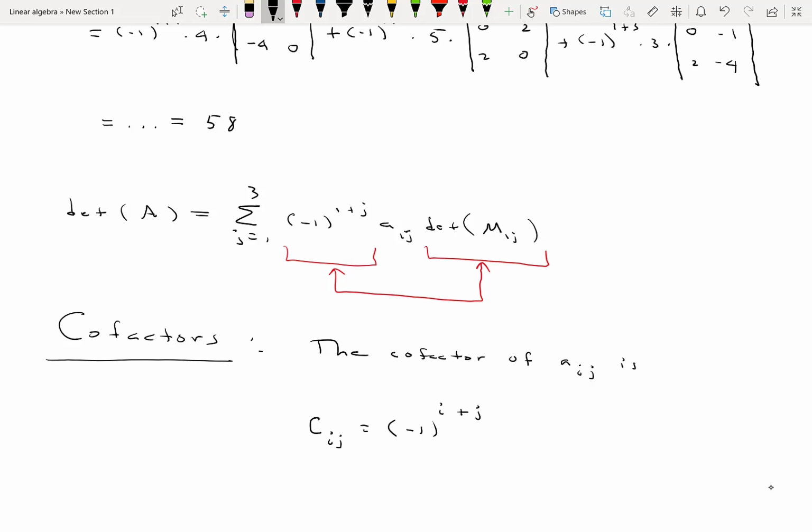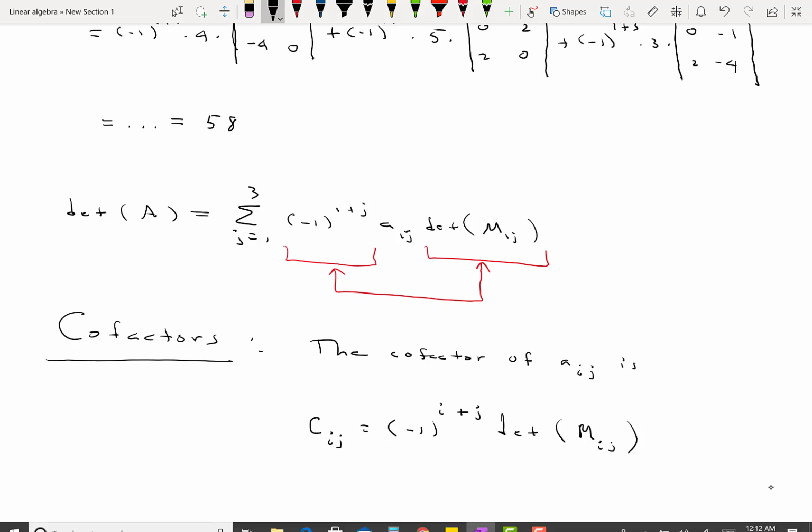In our expansion, it's going to be 1 plus j. So i plus j times the determinant of the ij minor of A, or the determinant of the minor of entry ij of A. I was trying to use your author's terminology, and it still bothers me. That's okay, it's just me.